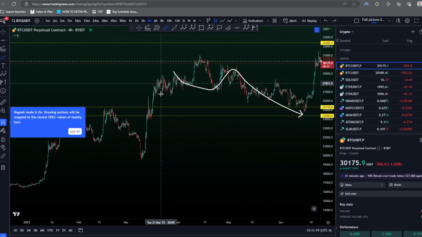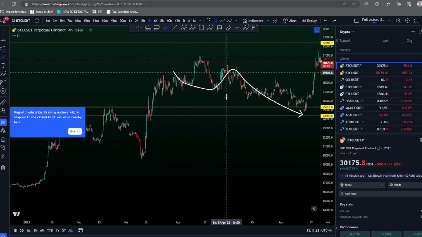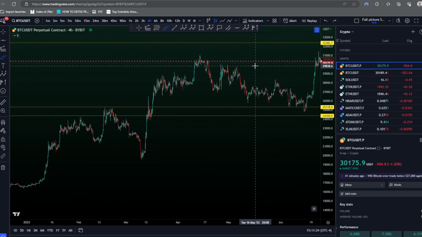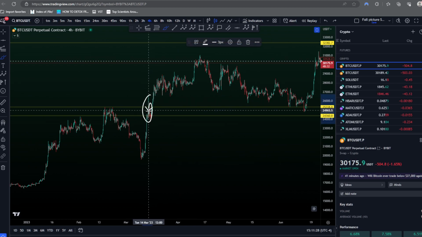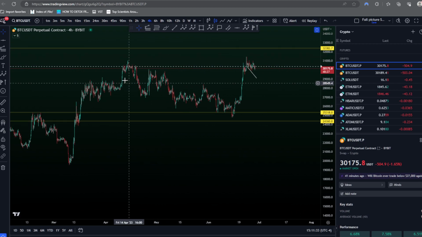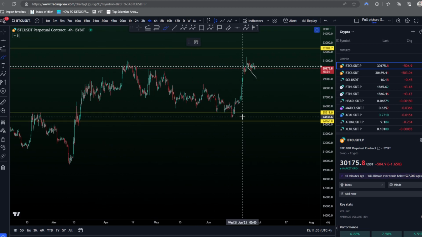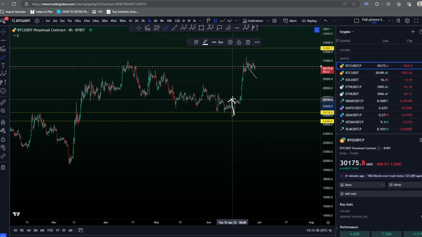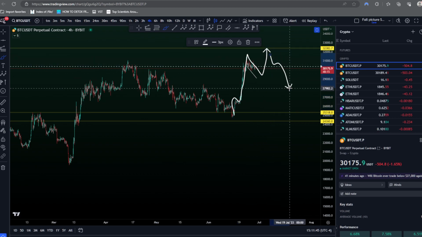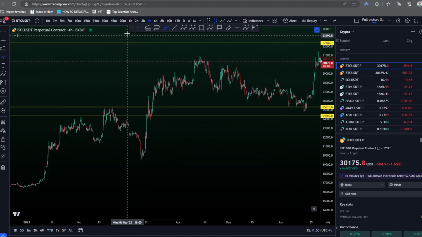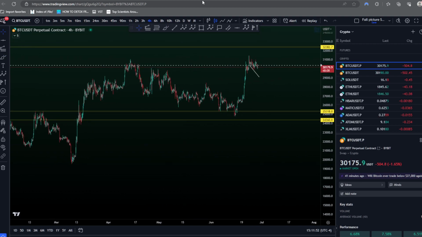It's ugly, I don't like it, but what are you going to do? This action in here was nasty. So taking that into account, saying this correction is finished right there, then we have a 1, 2, 3, 4, and it's going to need to go up for 5, and then I'm assuming a correction, and then more upside.